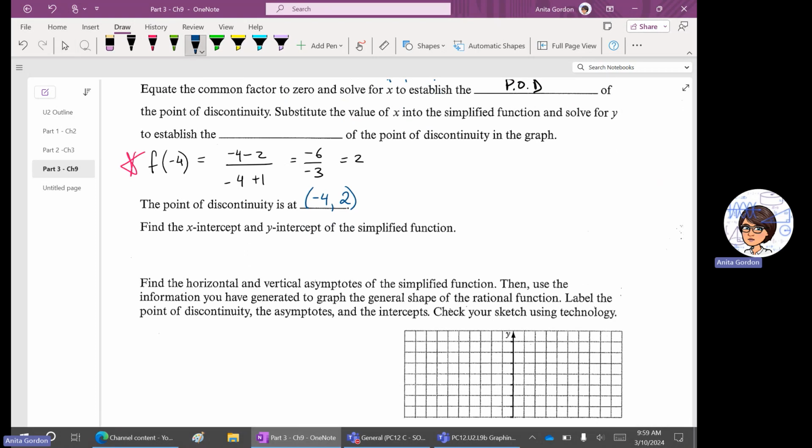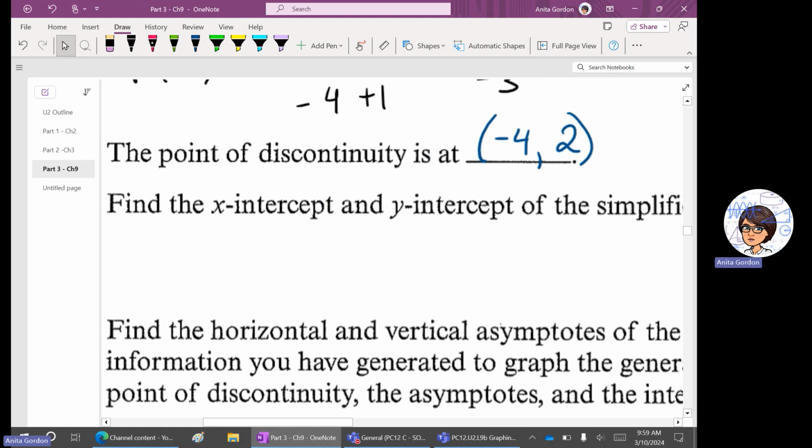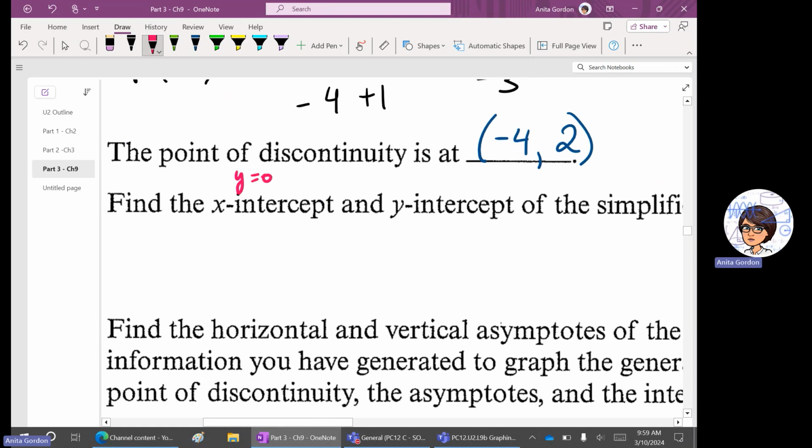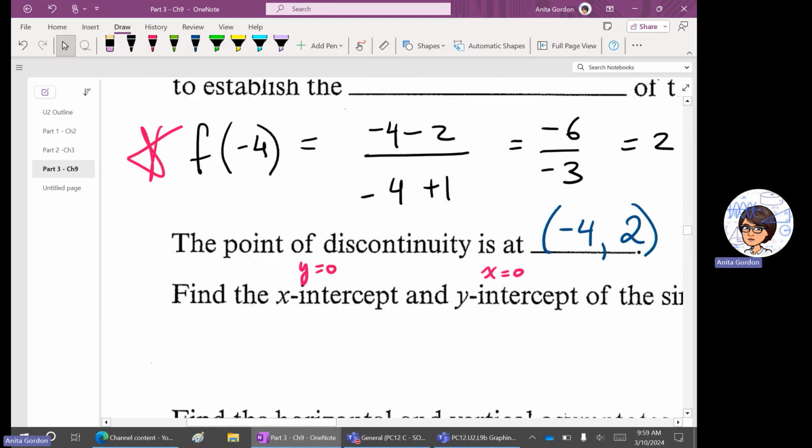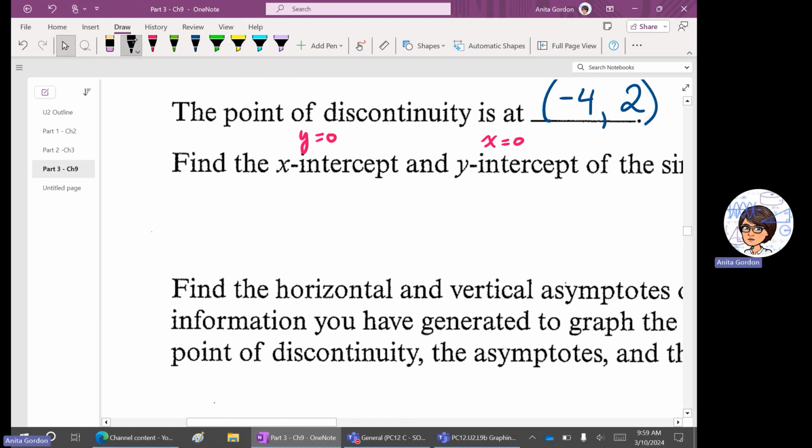All right, find the x-intercepts and the y-intercepts. So again, when we're looking for an x-intercept, we set y equals 0. When we're looking for a y-intercept, we make x equals 0. So here's our function. If we let y equals 0, we have x minus 2 up top, x plus 1 on the bottom.